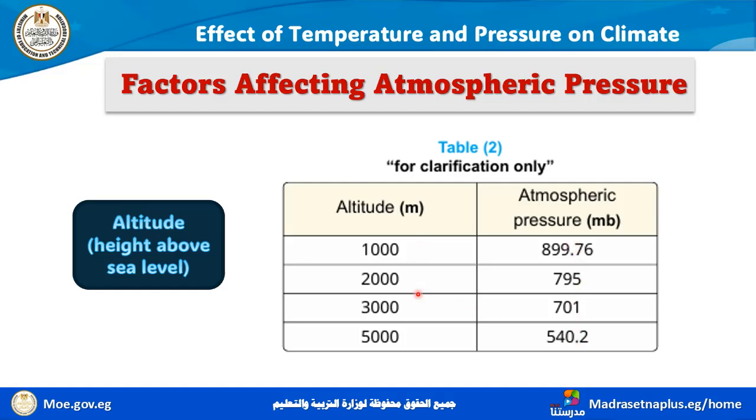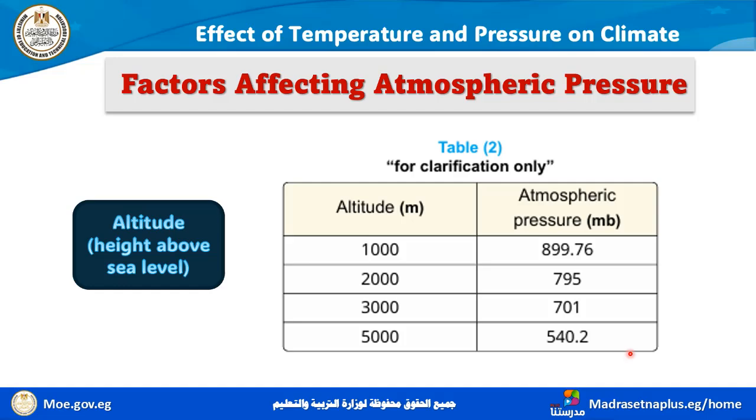So as we move up in our atmosphere and as the altitude increases from 1,000 to 5,000, we will observe the decrease in the atmospheric pressure from 899.76 to 540.2.